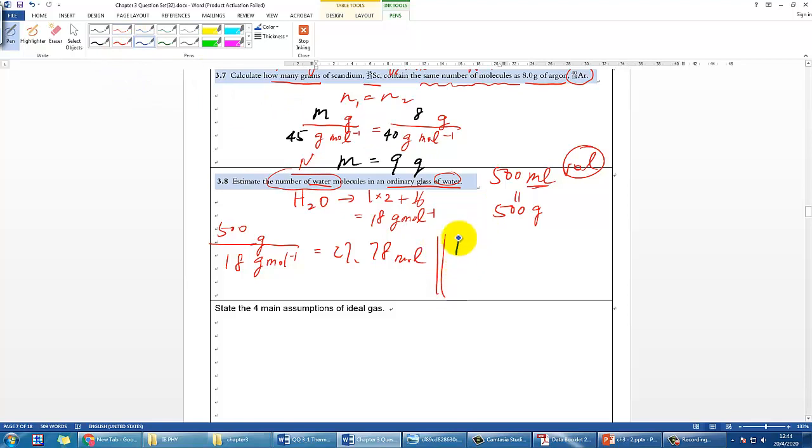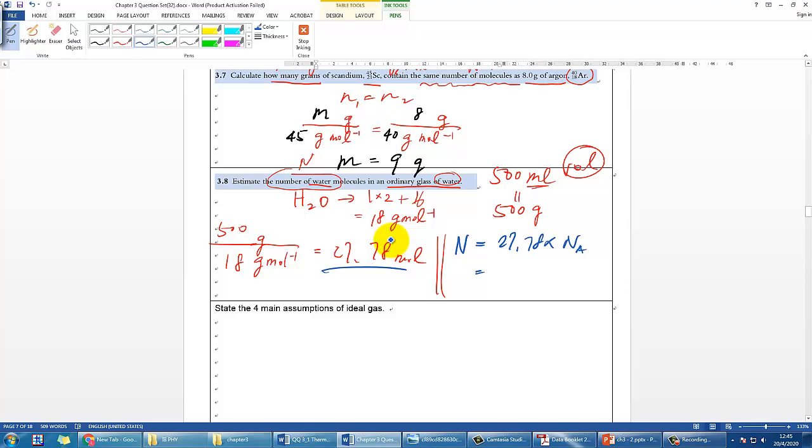And then further on you can find the actual number. I'll separate the two calculations. So the actual N should equal the number of mole, 27.78, times the Avogadro constant. I'm just trying to be lazy. I'll be using the actual number instead of these in my calculator.